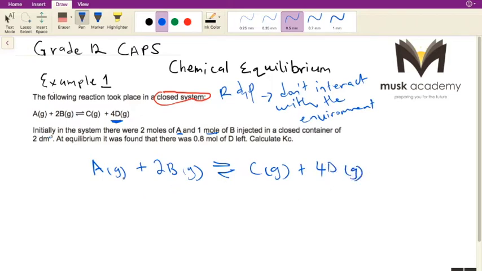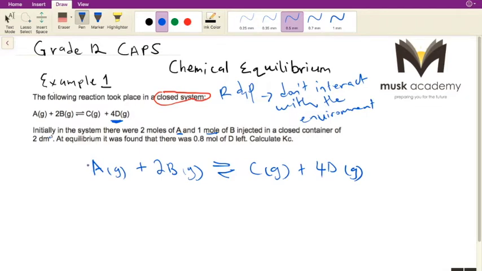What we notice from this reaction is that it's a balanced chemical equation, so we don't have to worry about balancing it. It's an arbitrary, hypothetical chemical reaction because we don't have any element or molecule called A, B, C on the periodic table. These are just imagined, they're not real, so don't worry about them.